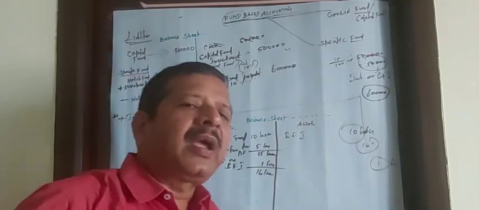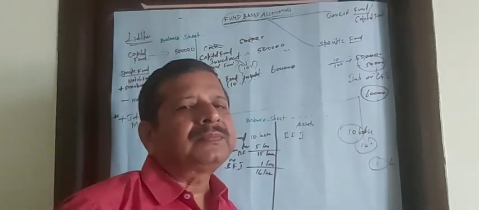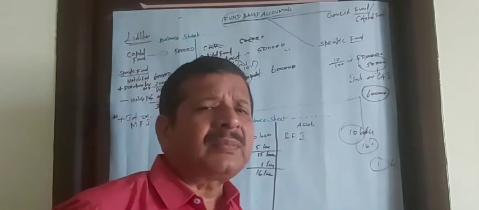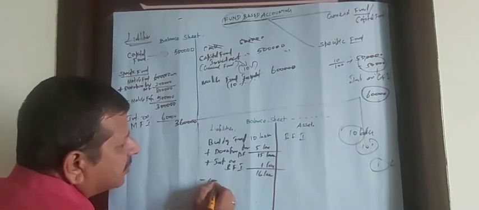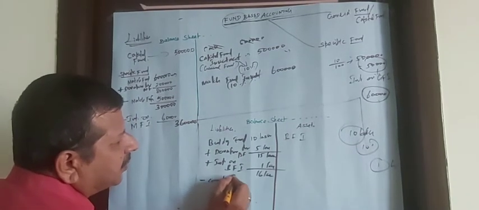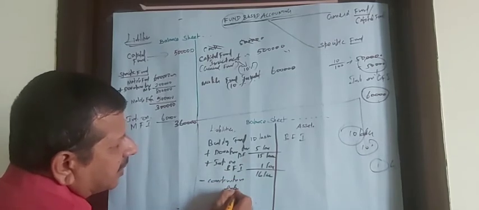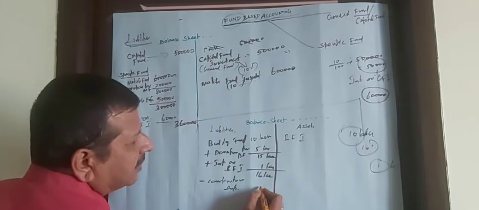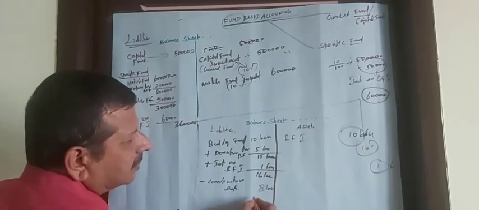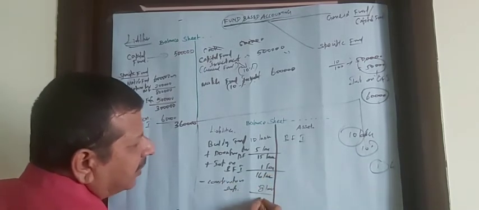And next point, you listen very carefully. We may construct the building. When we are constructing the building, construction expenses are to be deducted. Maybe construction expenses are 8 lakhs. So 16 minus 8 lakhs.